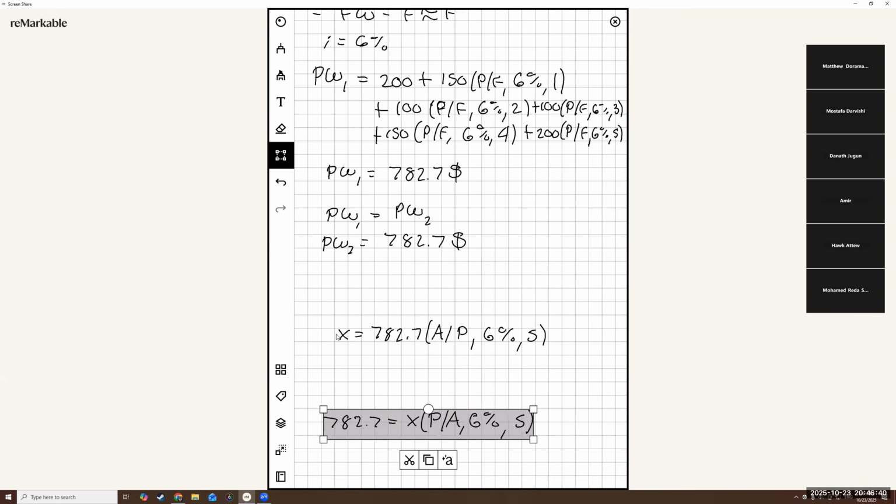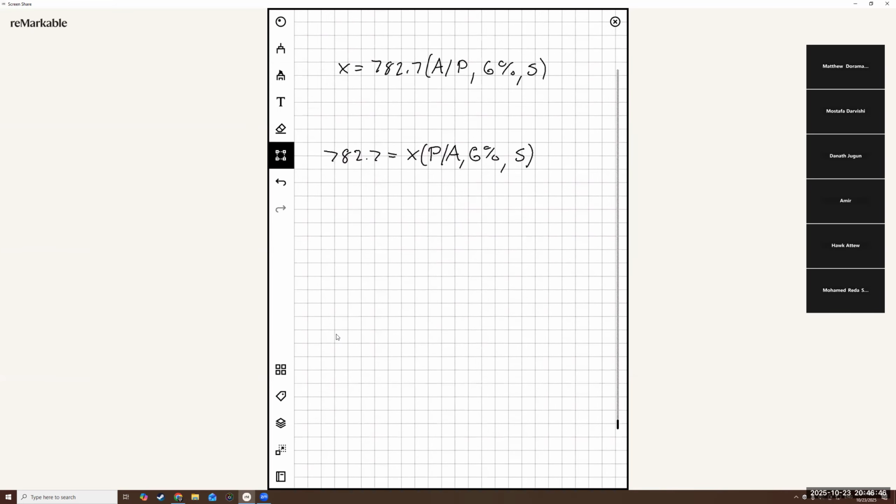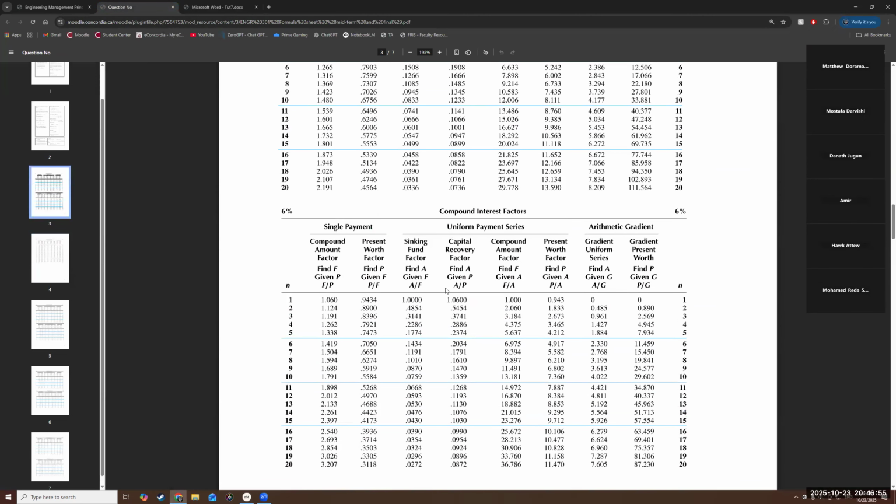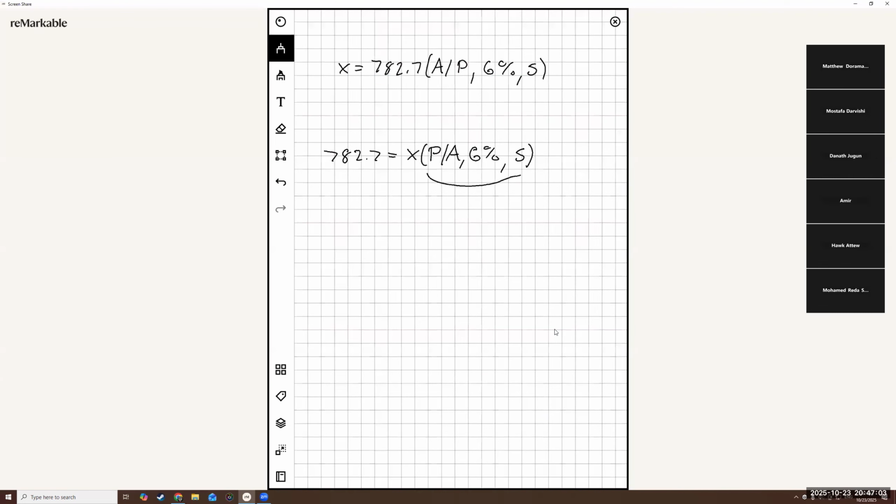I like to do it this way. Okay, what is this equate to? Let's go see in our 6% table. P/A 6%, 5 installments is 4.212.